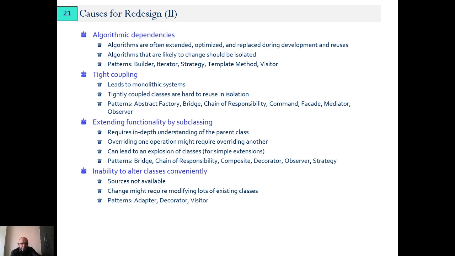But the challenge is that change might require modifying lots of existing classes. One adapter doesn't work out for multiple software units thought of in terms of classes. Tightly coupled classes are hard to reuse in isolation. So as far as possible, we work with loose coupling.